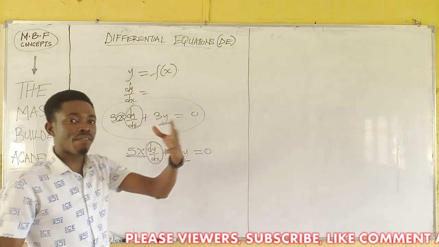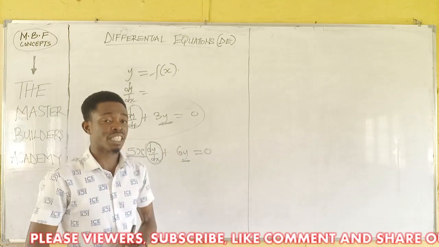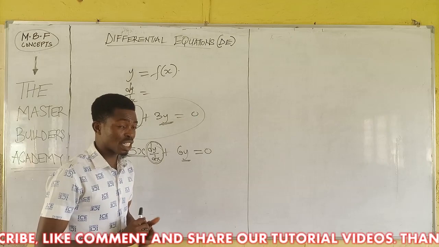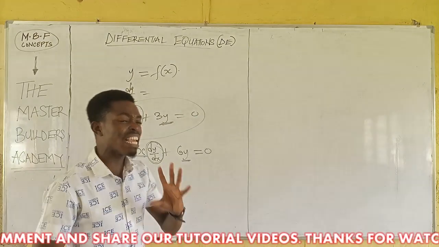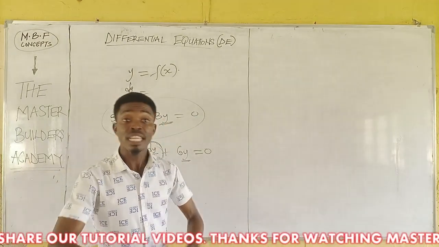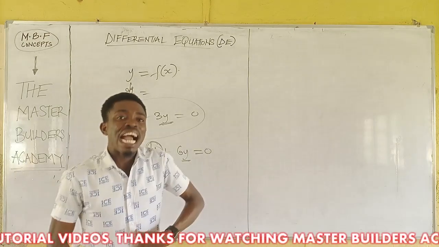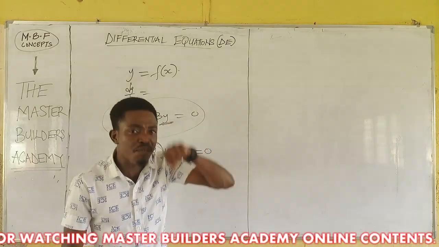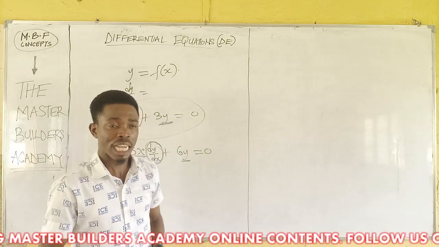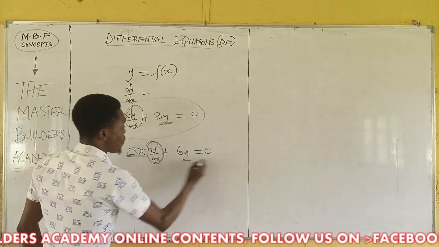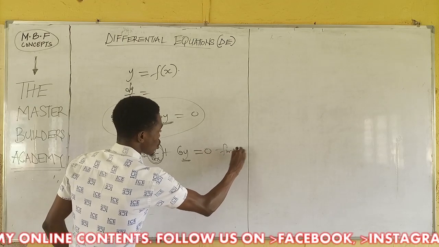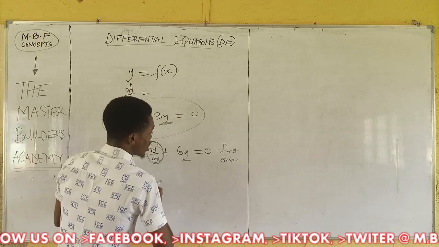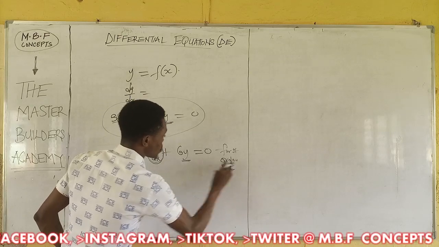Now we said that we have order of differential equation. I just explained that the order of differential equation is given by the highest derivative involved in the equation. That means if I have first derivative in an equation, such an equation is called a first order differential equation. Example, this is a first order differential equation.